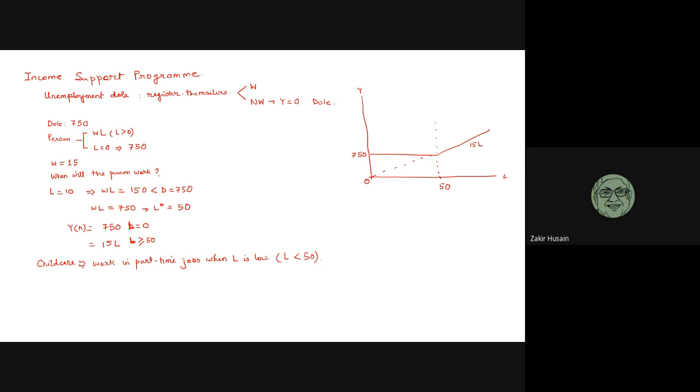So one problem with the unemployment dole that Shomdev has designed is that you can take care of the income needs, but the psychological problem remains. This type of scheme is called all or nothing. You either have to work for more than 50 hours or you will not work at all. You will not work in this range.